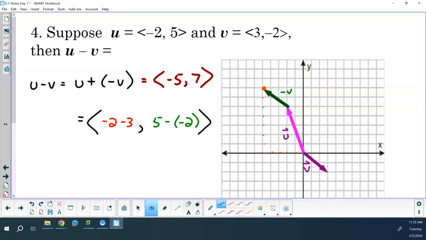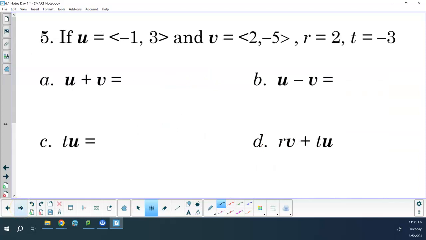Agree? Fantastic. With that being said, I would like you to do number 5 here. U is -1, 3. V is 2, -5. R is 2, T is -3. Find me those 5 different vectors. Go.